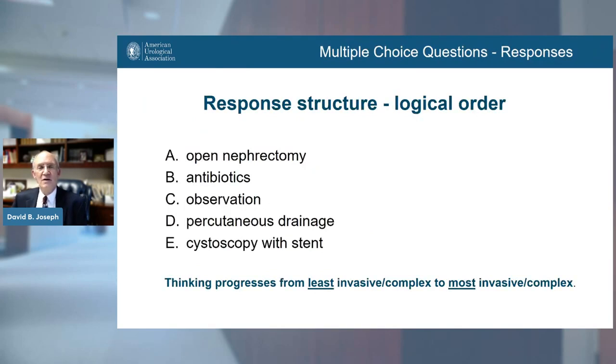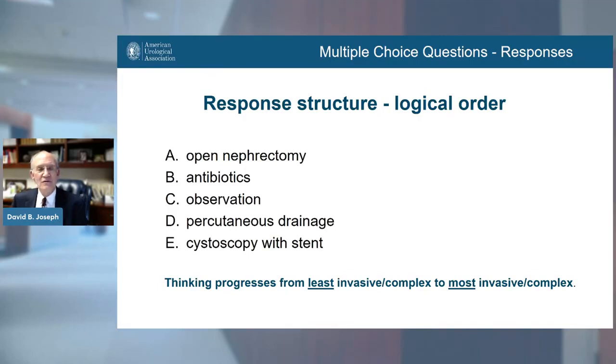Response structure also should have the logical order that I mentioned, going from least invasive or complex to most invasive or complex. All of these are parallel, meaning they're all treatment and they're all an effective response.